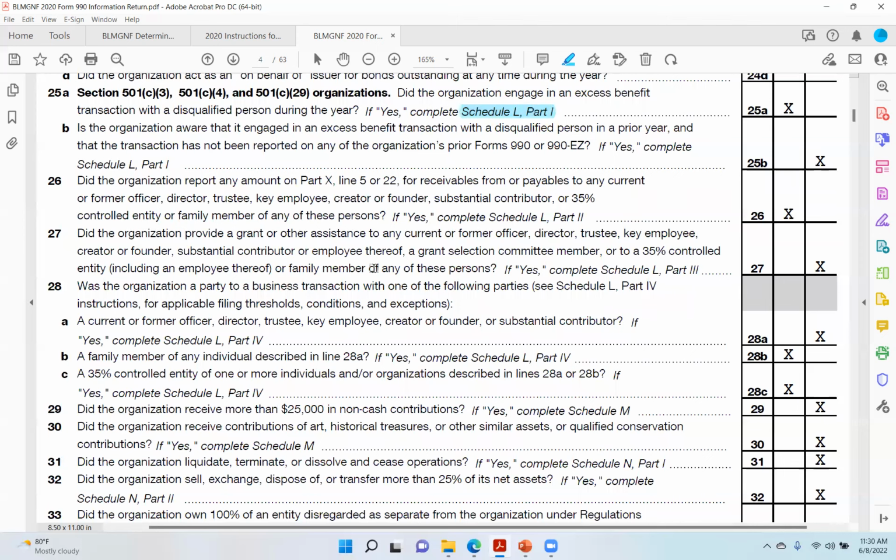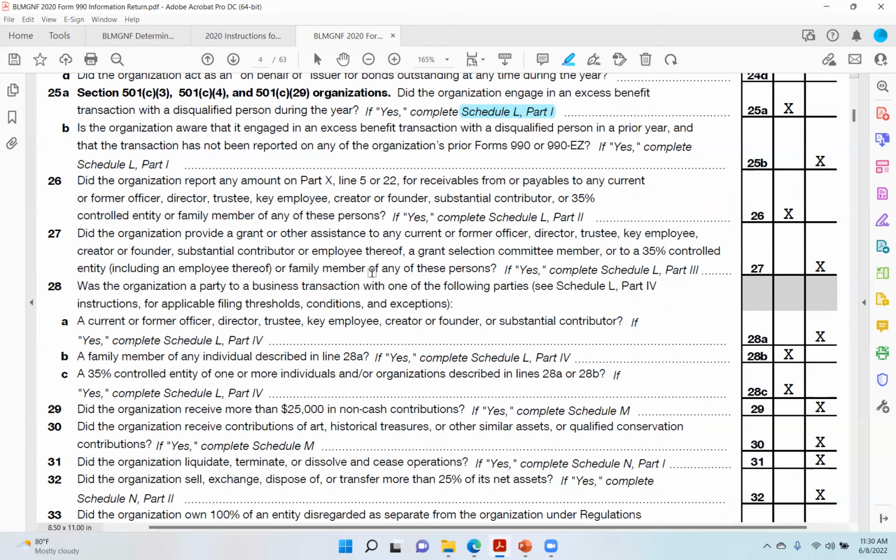25B, is the organization aware that it engaged in an excess benefit transaction with a disqualified person in a prior year, and that the transaction has not been reported on any of the organization's prior Forms 990 or 990-EZ?